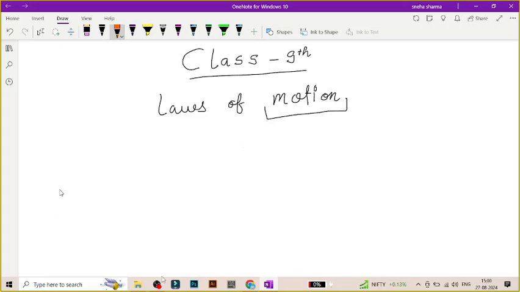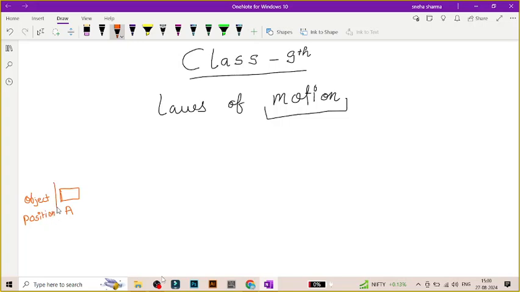Let a box be placed at a position A. So this is an object. This object can be anything: box, ball, car, bus, train, you, anything. This is its position.